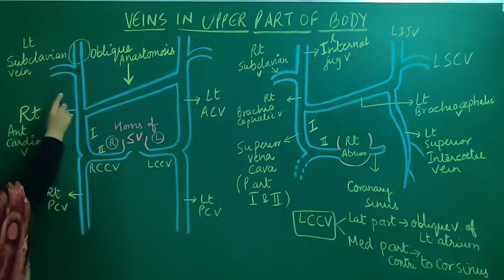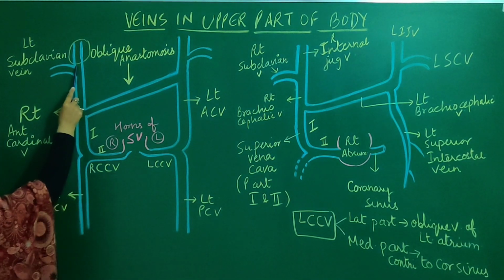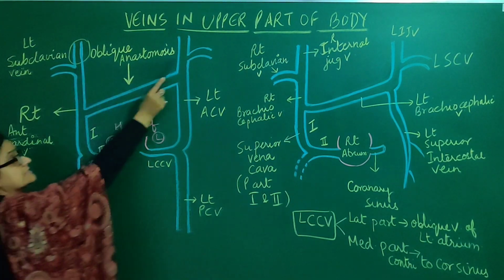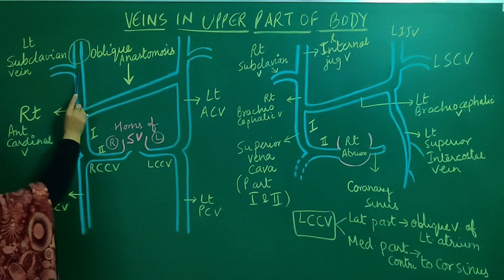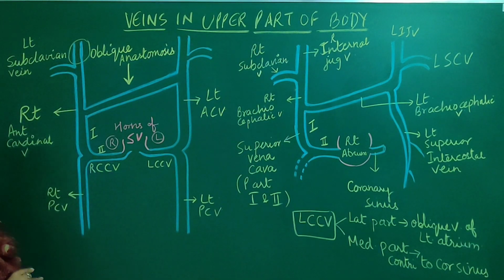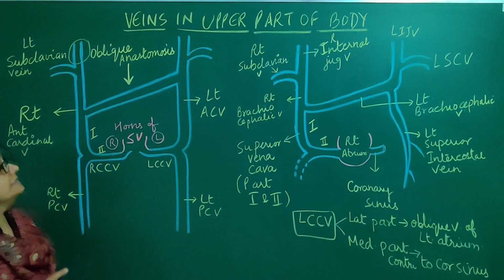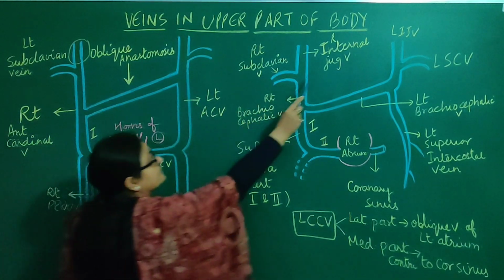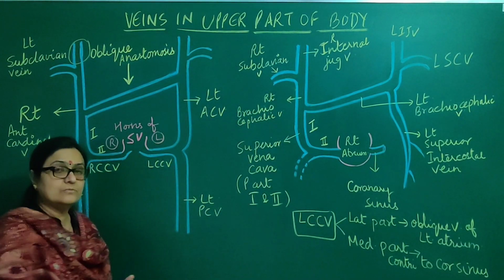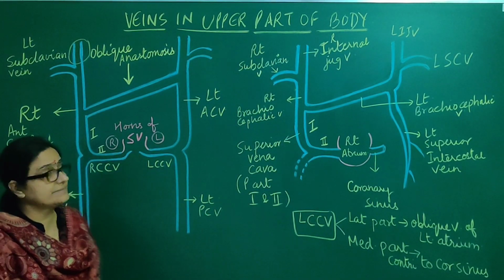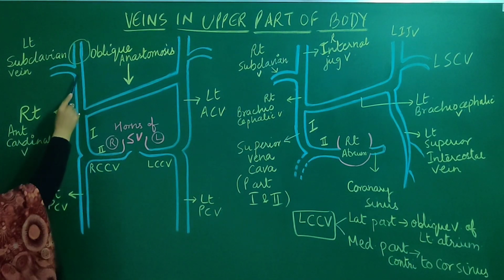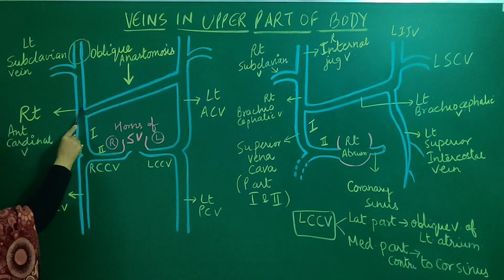Now let us start from above. The part of the anterior cardinal veins, both the sides, which lie cranial to the attachment of subclavian veins, will form internal jugular veins on both the sides, the left and the right side. Now, what will happen to this part of the right side?